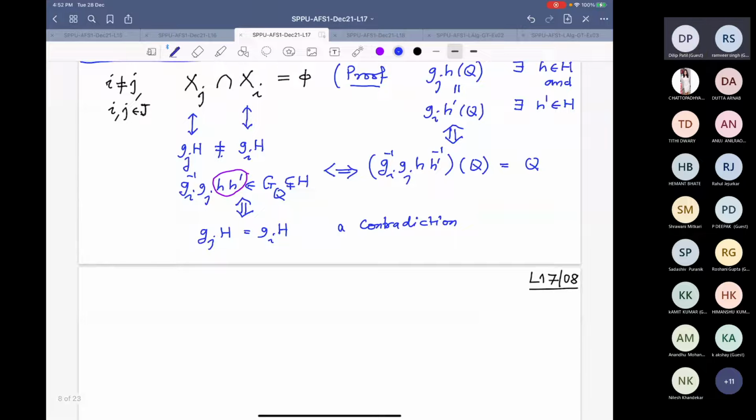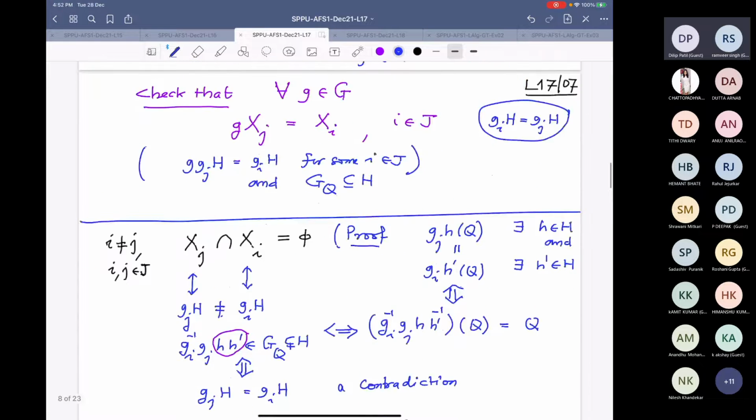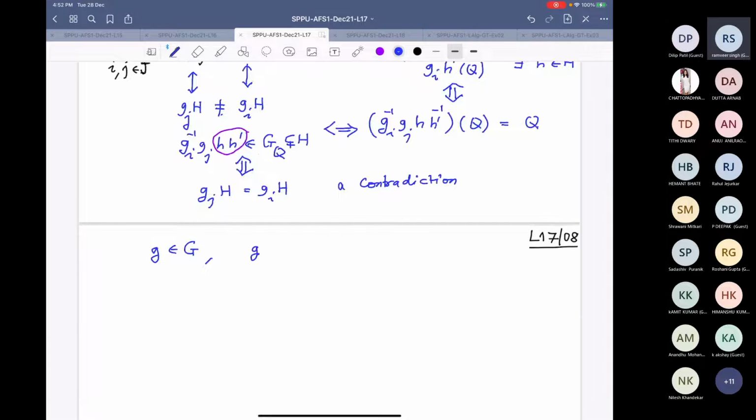Take any g in G. Then I have to consider gxj. gxj is precisely applying g to the element, so this is xj, H evaluated at q, and H is variable. This is precisely g times xj.